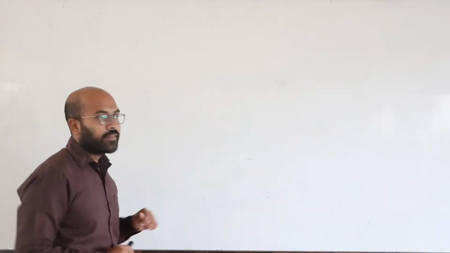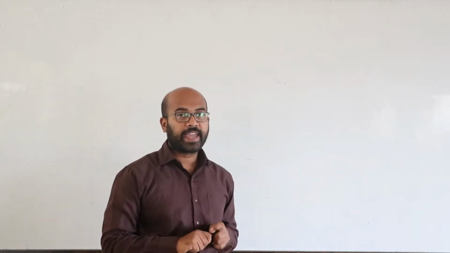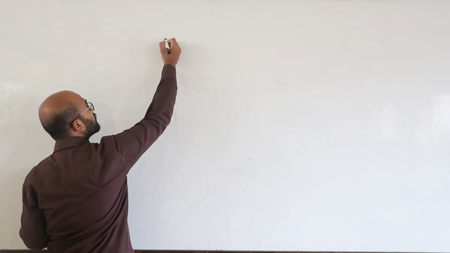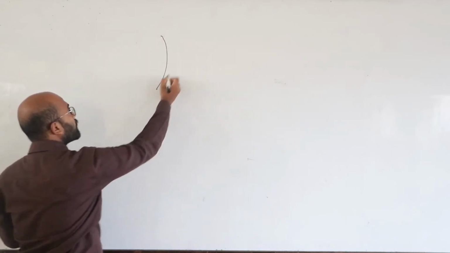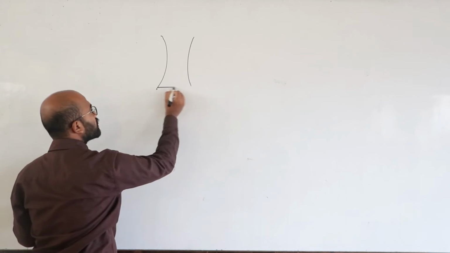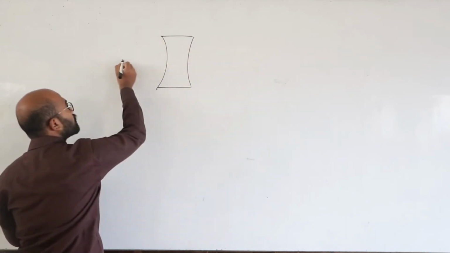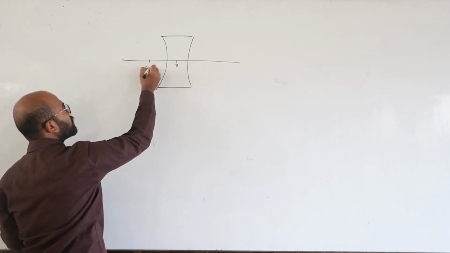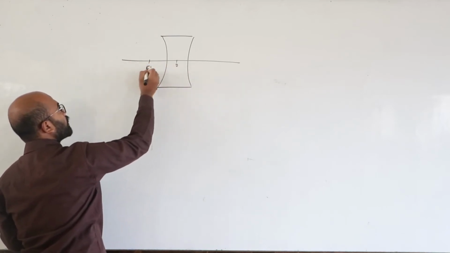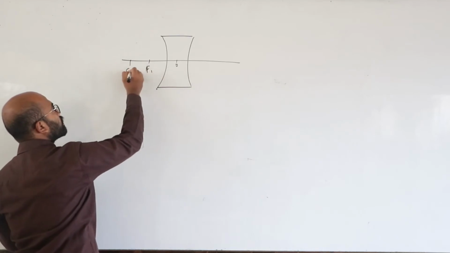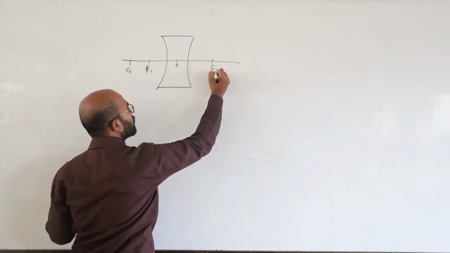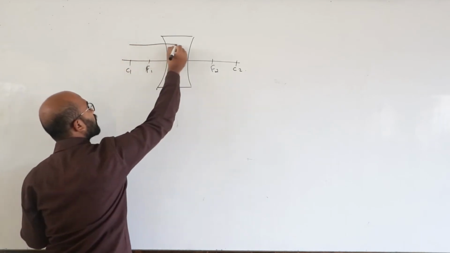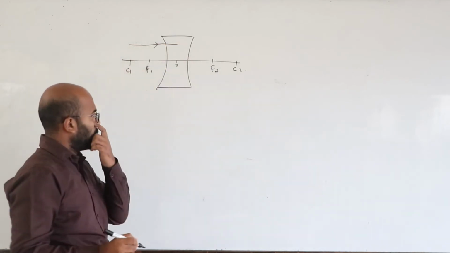Now, when we take a concave lens, in a concave lens, the light rays diverge. So this is a concave lens, principal axis, optic center, F1, C1, F2, C2. Light ray parallel to principal axis.